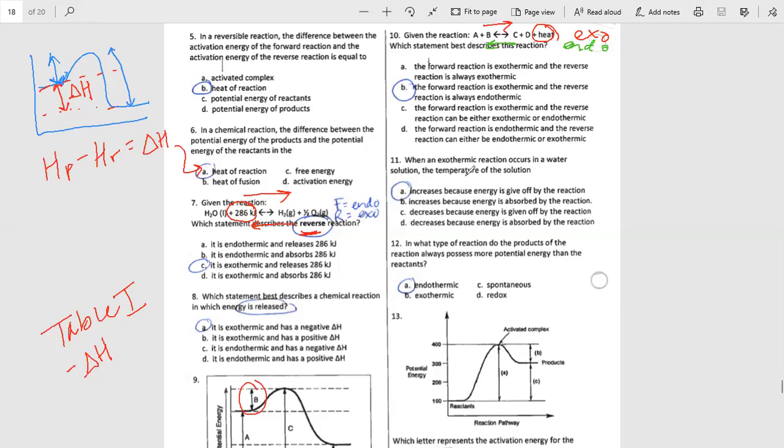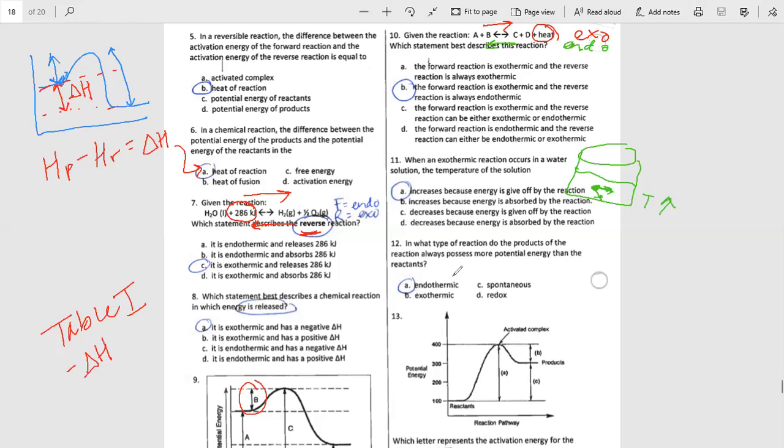Okay, number 11, exothermic reaction in a water solution means you're dissolving something. If it's exothermic, that means the salt is giving off heat. If the salt gives off heat, the temperature of the water goes up.